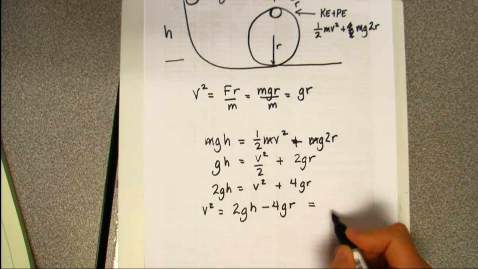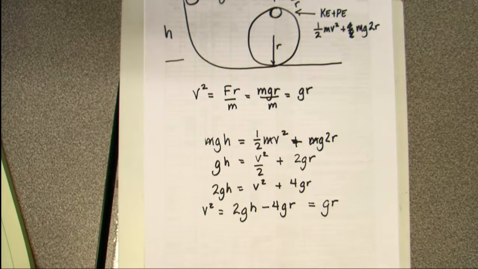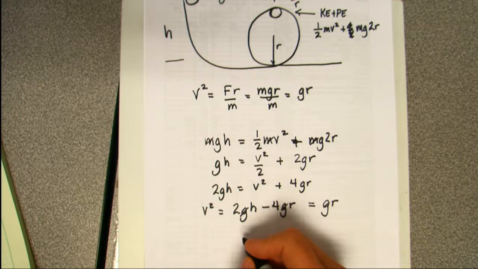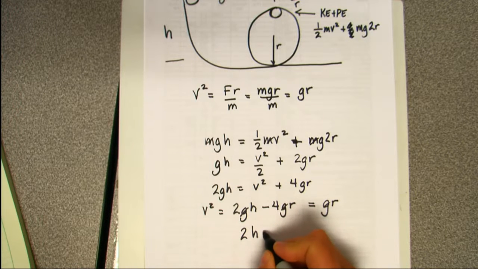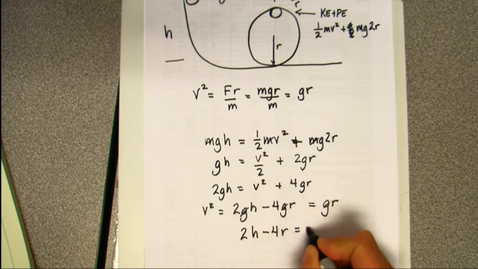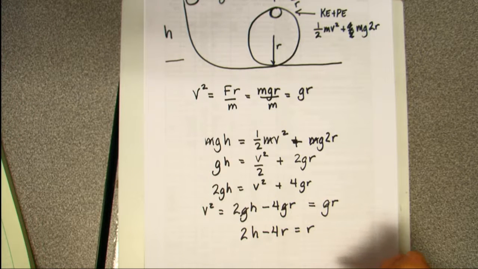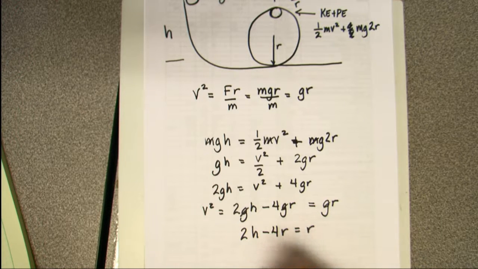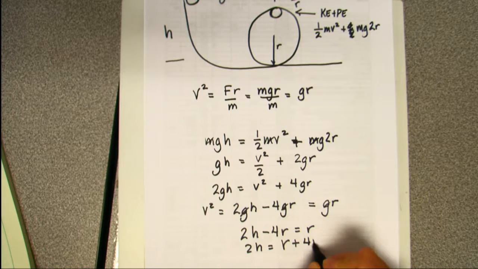But that's got to equal gr. The g's all cancel. I'm going to solve for h. So I get 2h minus 4r is equal to r, so 2h is equal to r plus 4r, which gives me 5r.